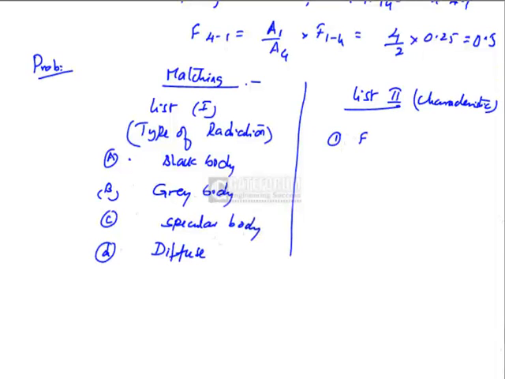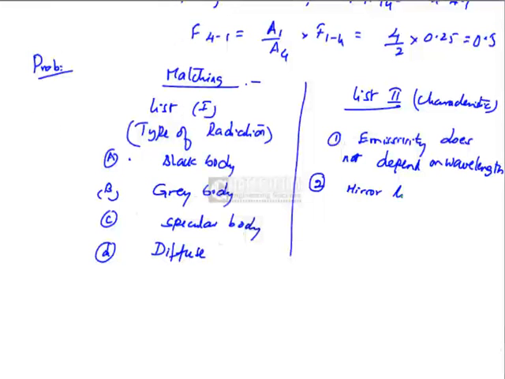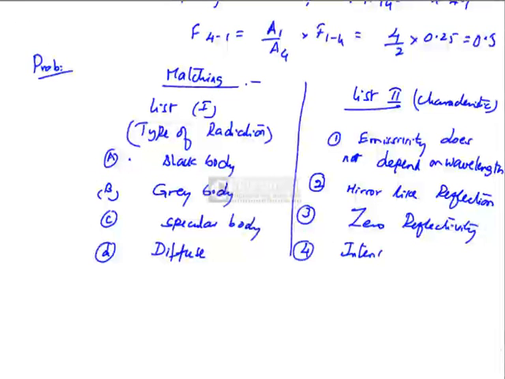Right side: 1, emissivity does not depend on wavelength. 2, mirror like reflection. 3, zero reflectivity. 4, intensity same in all directions.